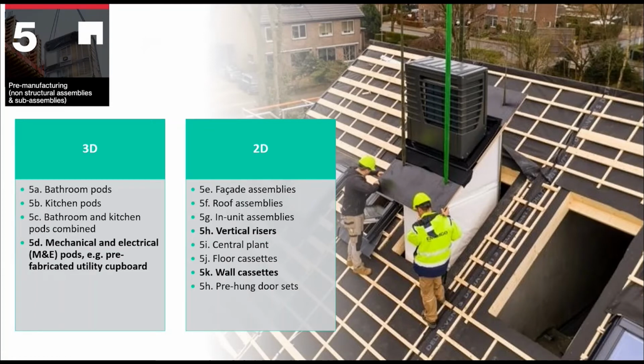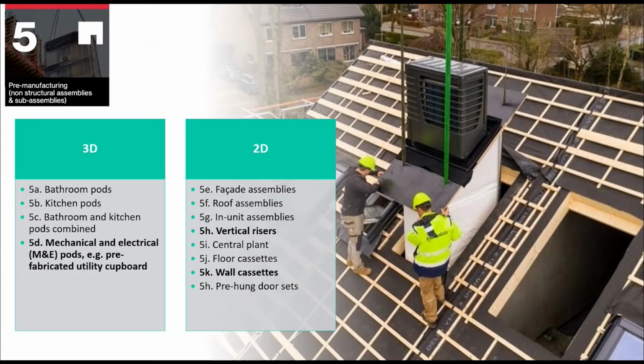There are two overarching types of component: 3D, i.e. pods, or 2D, like facades, risers and door sets, and in total there are 12 types as listed on the screen. I've highlighted in bold the subcategories which are most likely to be utilised in MMR, manufactured methods of retrofit.